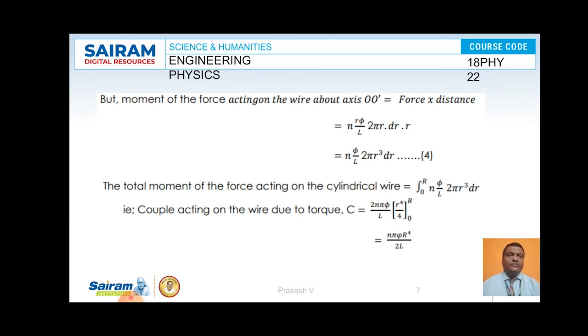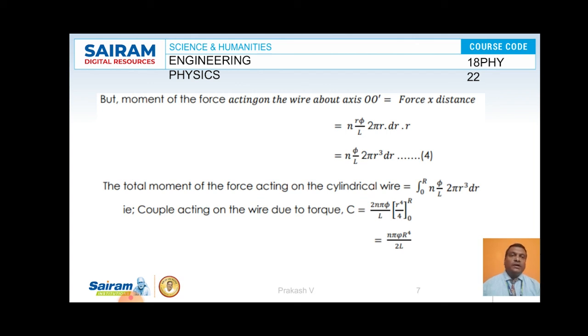The moment of the force acting on the wire about the axis OO dash is equal to force into perpendicular distance, that is N into r phi by L into 2 pi r dr, multiplied by r. So it becomes N into phi by L into 2 pi r cube dr. Consider that as equation number 4.